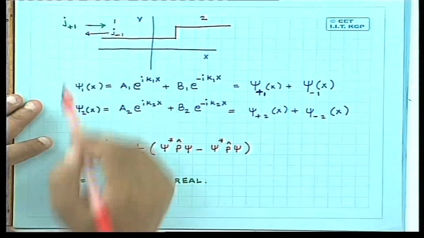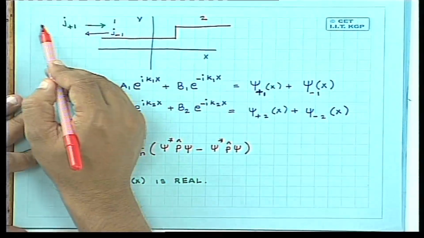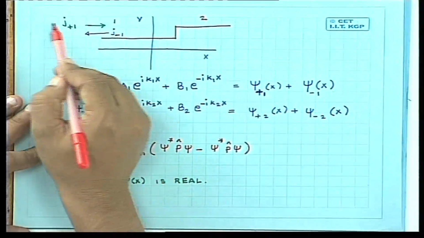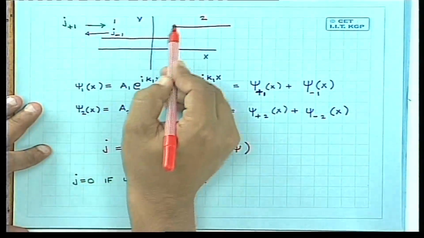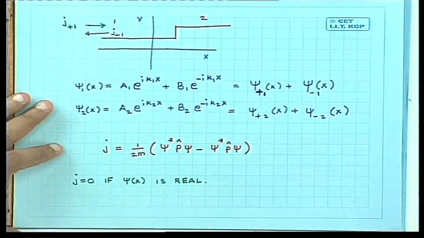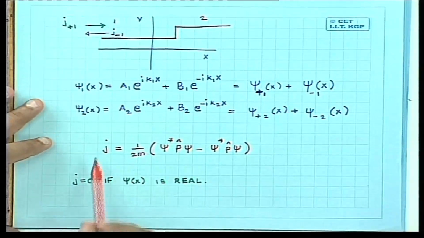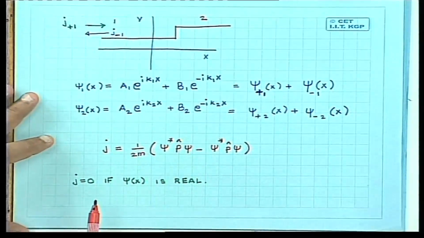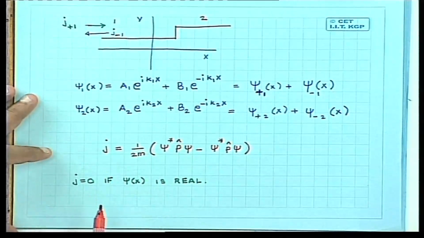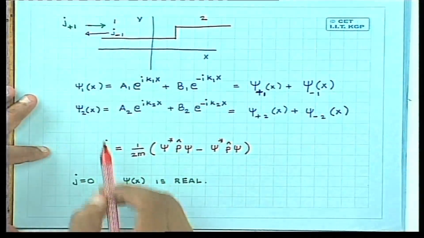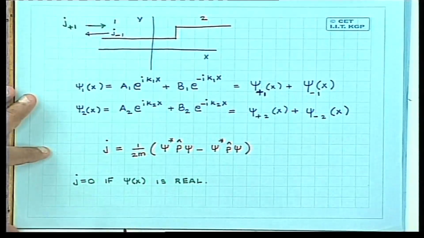The situation at hand is that the particles are incident from here onto this potential step, and we want to study what happens. The rate at which the probability of the particle is flowing is given by the probability current, and this times the area gives us the probability flux.